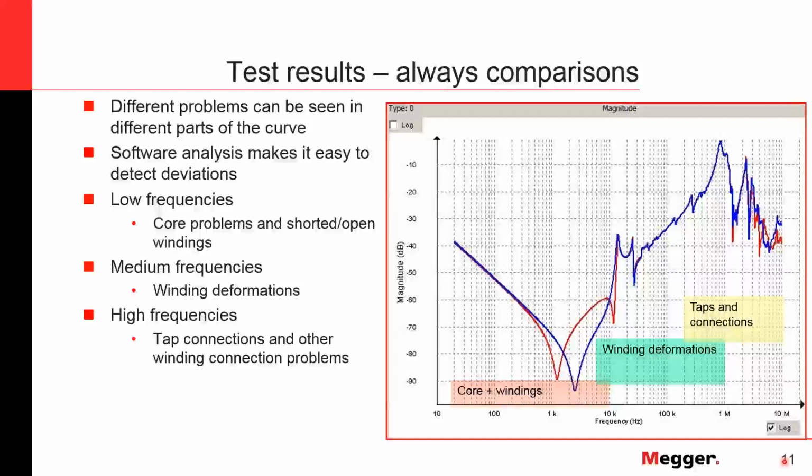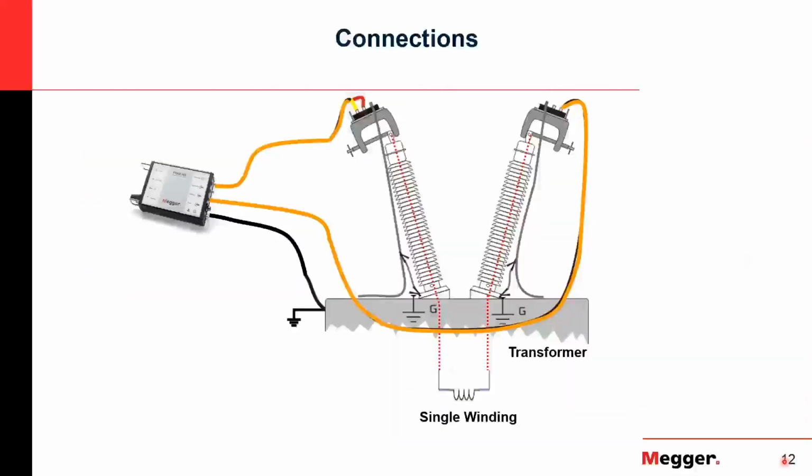So the lowest frequencies, you're looking at core. The mid-range frequencies, you're looking at the winding. And then as you get to the very high frequencies, you're looking at taps and connections. So if you're not methodical and not using consistent hardware, that response can change at the very high frequencies.